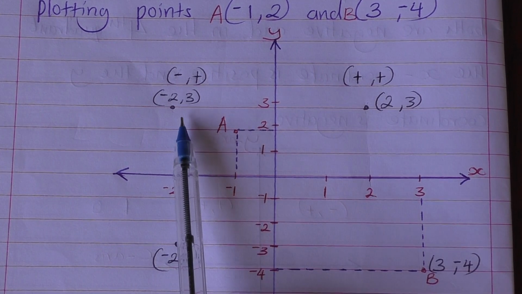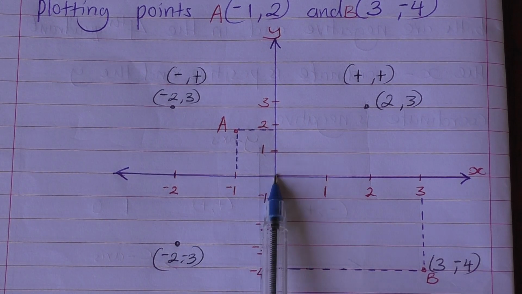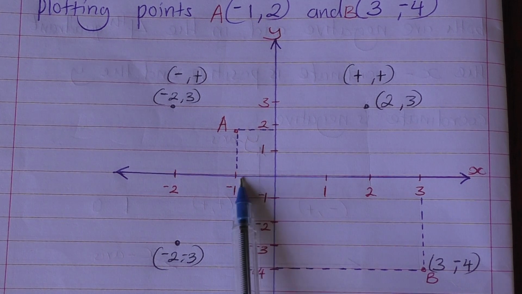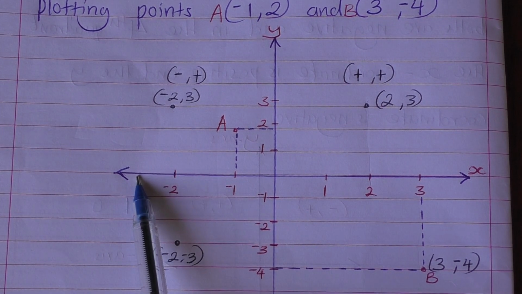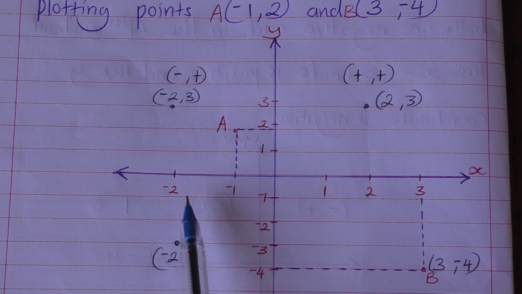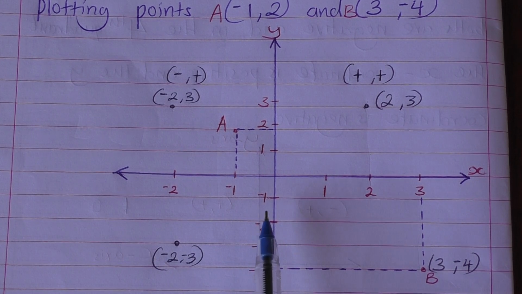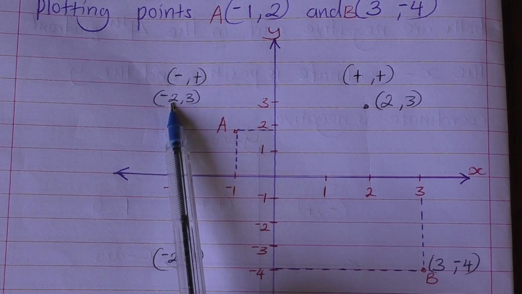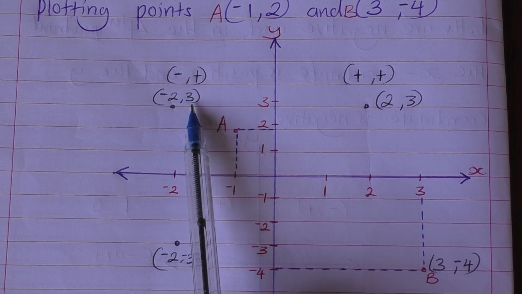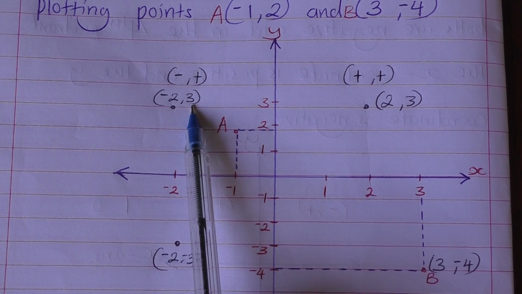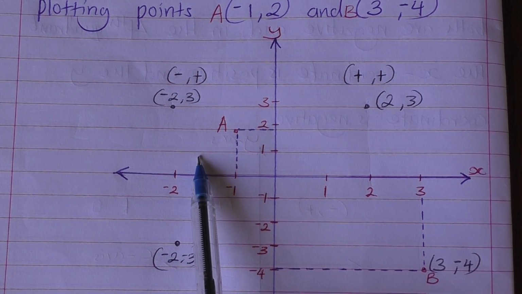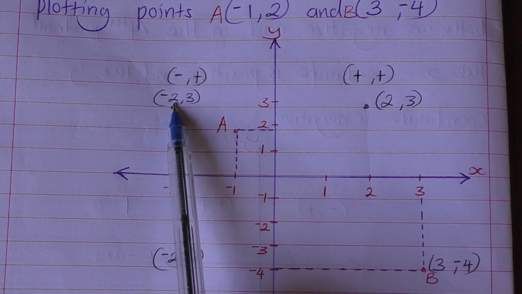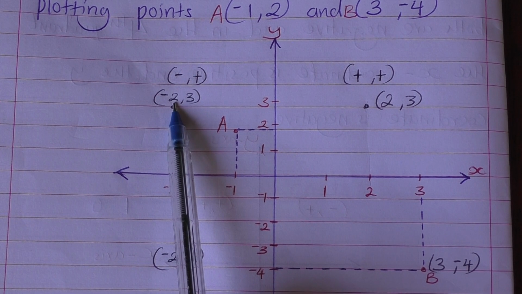Then we have the second quadrant, where the y coordinates are positive and the x coordinates are negative. So if we are told to plot a point with the x coordinate negative and the y coordinate positive, that point lies in the second quadrant. And therefore, negative 2 is the x coordinate.